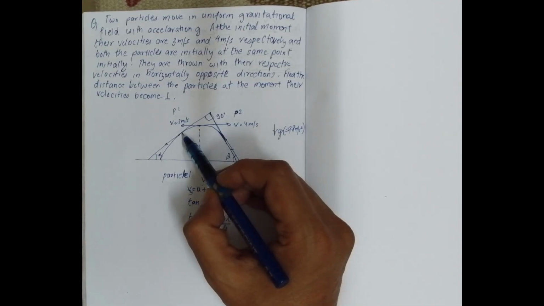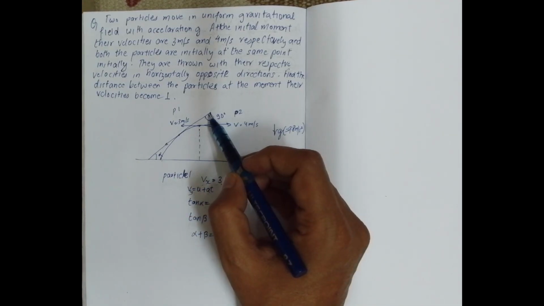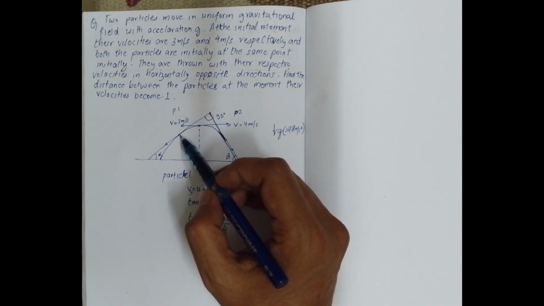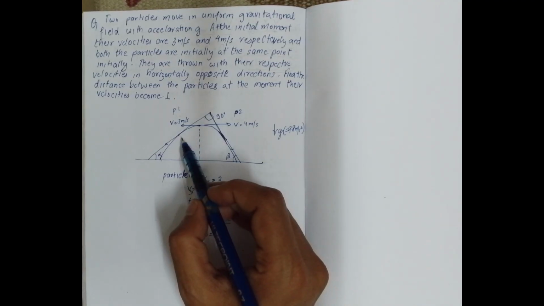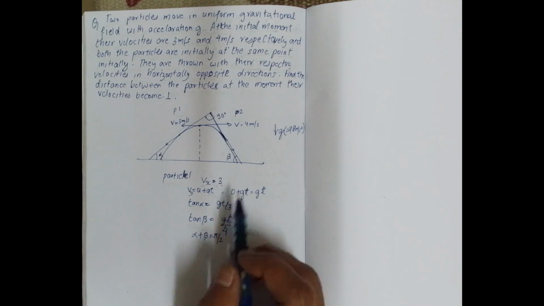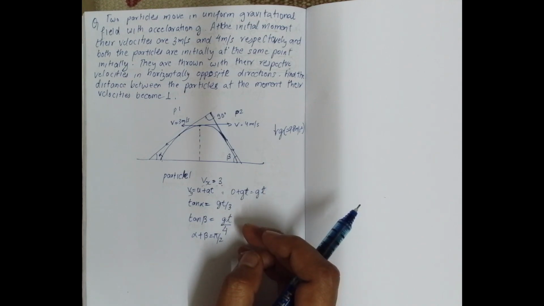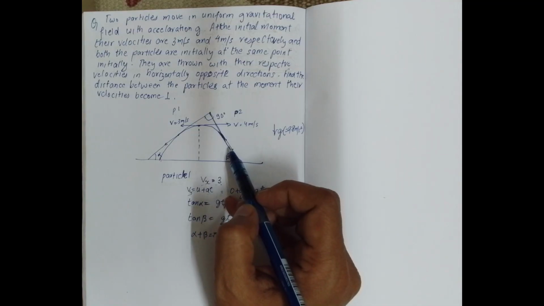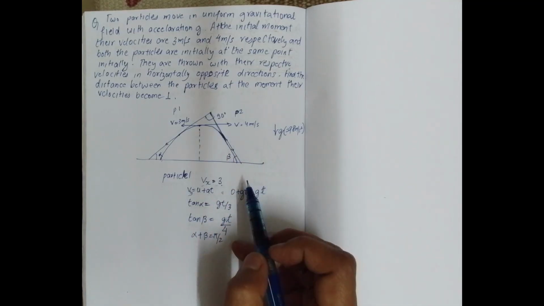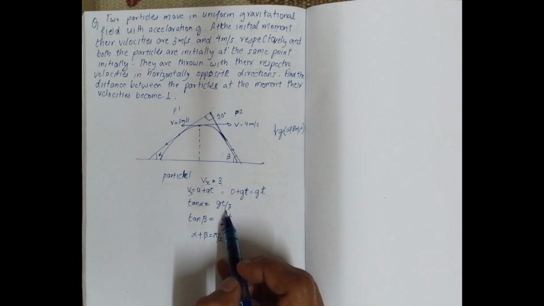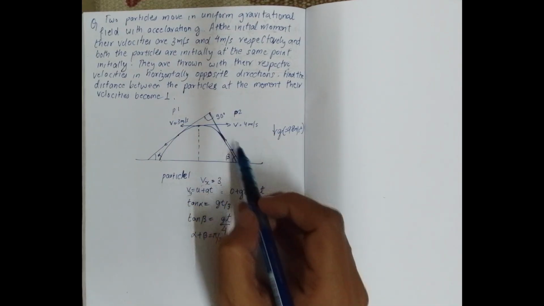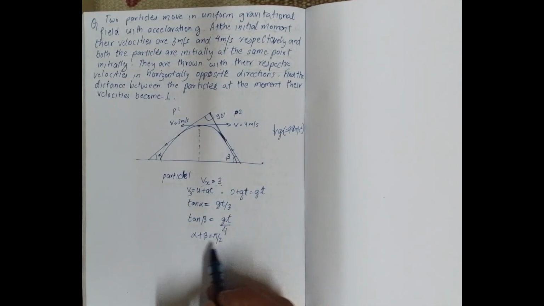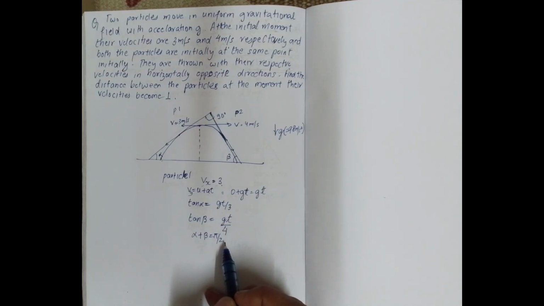The assumption is that after time t, the velocity vectors are perpendicular to each other. Now after time t, we are finding out tan alpha and tan beta, and we know that alpha plus beta is equal to 90 degrees, or pi by 2 radians.